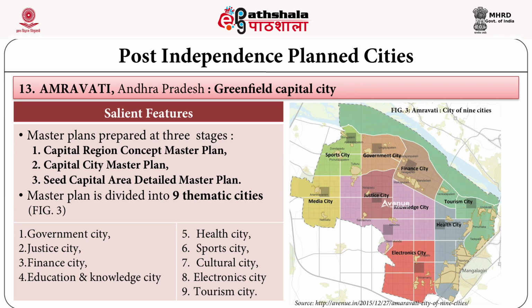As you can see in this figure, all these cities have their own places. For example, the tourism city has more greenery and ecotourism and is along the river. So that is where the tourism city is positioned, and each city has its own function and characteristics, and therefore its own characteristic location.